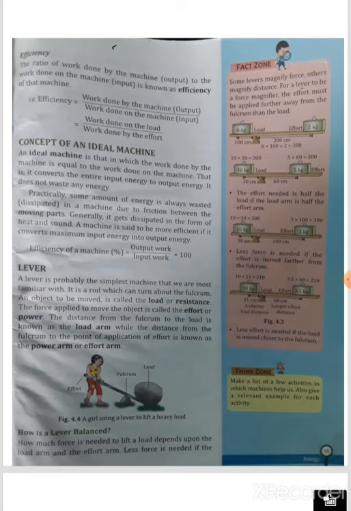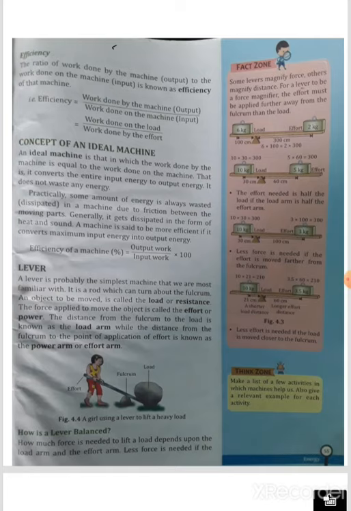Now what is velocity ratio? That was the fourth term that we learned in the last class. Velocity ratio is the ratio, or comparison, of the velocity of effort to the velocity of load. Then we learned about mechanical advantage.